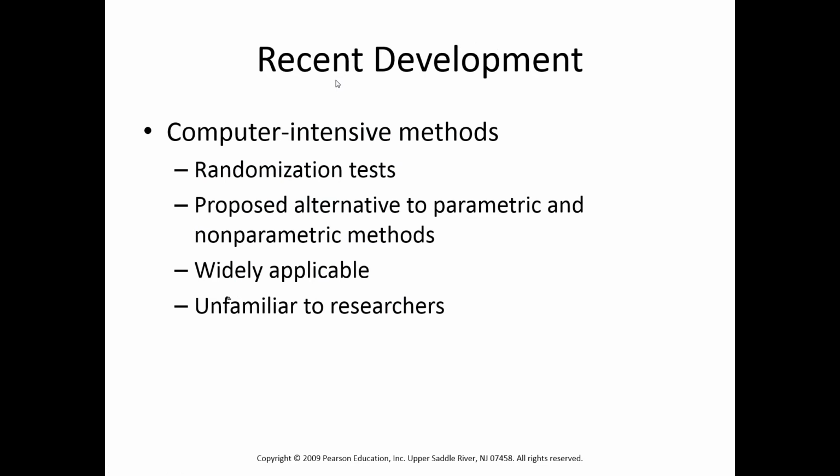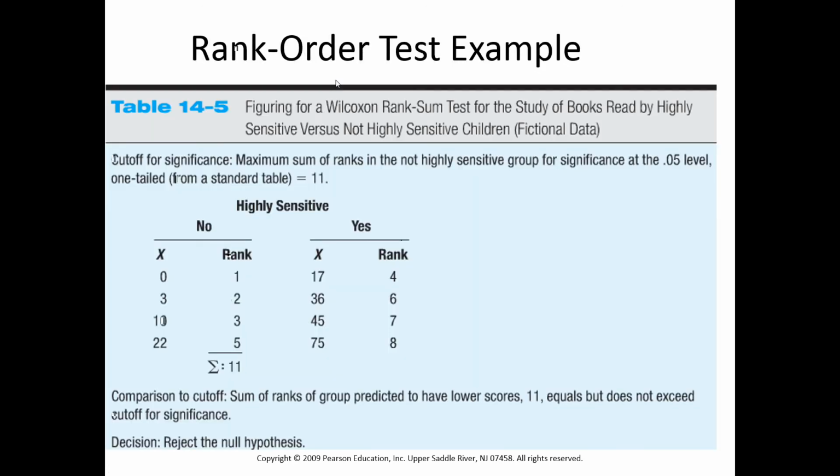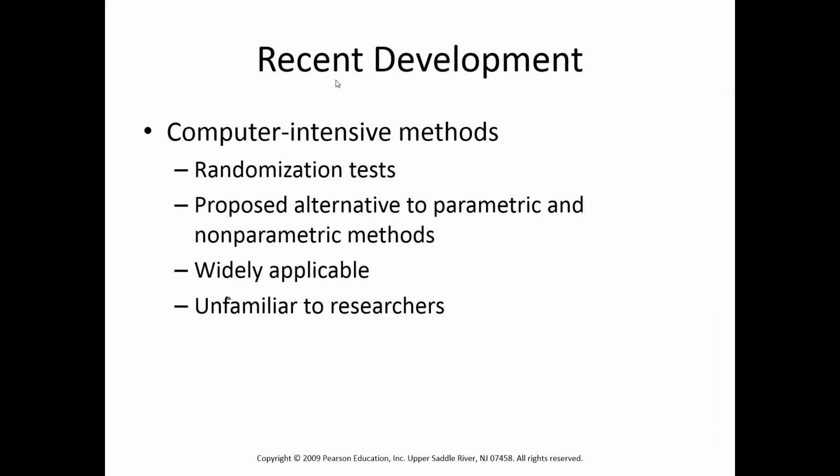Other things are more recent developments. All those tests which I presented so far were developed quite long ago, and they have analytical solutions. But with advances in computers and computational power, we can apply some new types of tests.